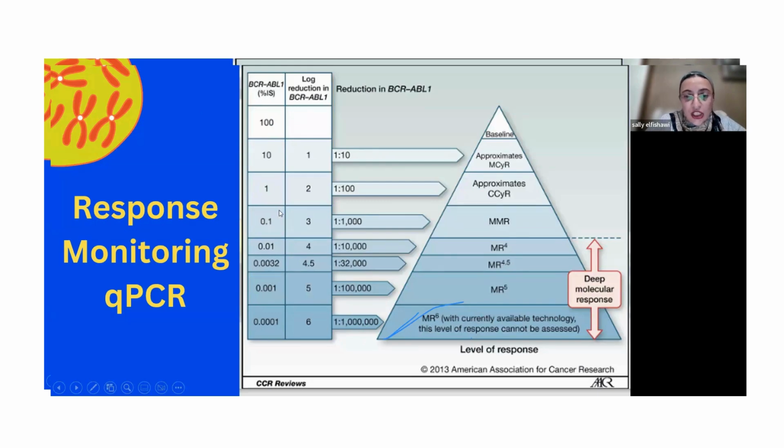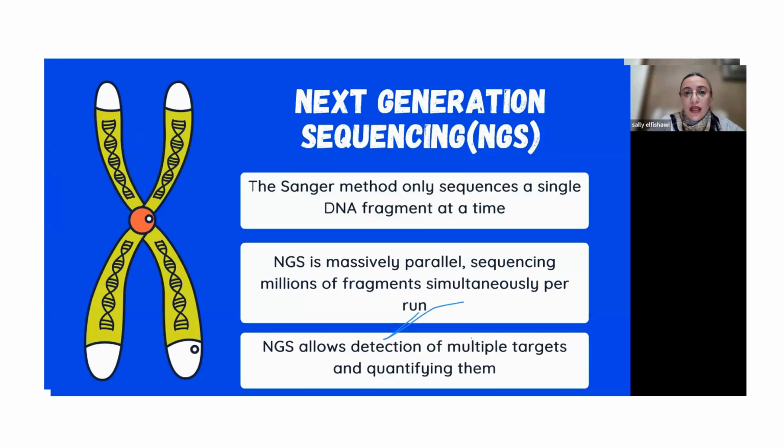As we go for the next generation sequencing, this is the third technique that can quantitate the target mutations. It differs from the Sanger sequencing in that the Sanger sequencing sequences only one molecule at hand, only one DNA fragment. However, the NGS can amplify and sequence more than one target.